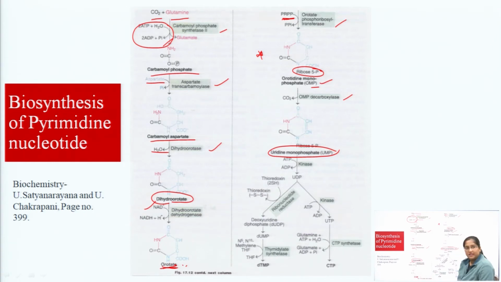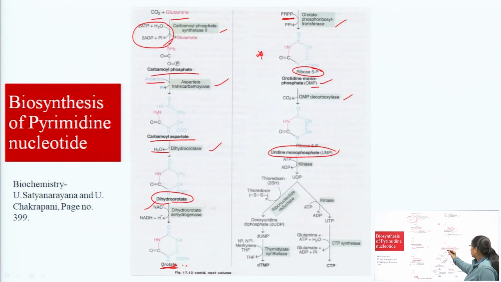So, this orotate is very important, and because we are incorporating ribosyl 5 phosphate here, this step is also very important for us. After OMP synthesis, we have synthesized our uridine monophosphate by using the OMP decarboxylase enzyme, and once we have our UMP, uridine monophosphate, we can synthesize our di-, tri-, tetra-, likewise our pyrimidine nucleotides.